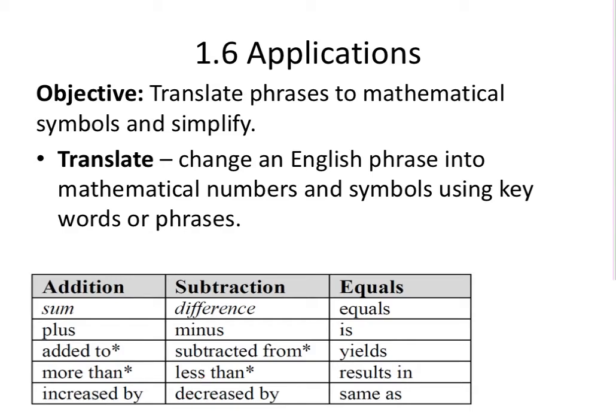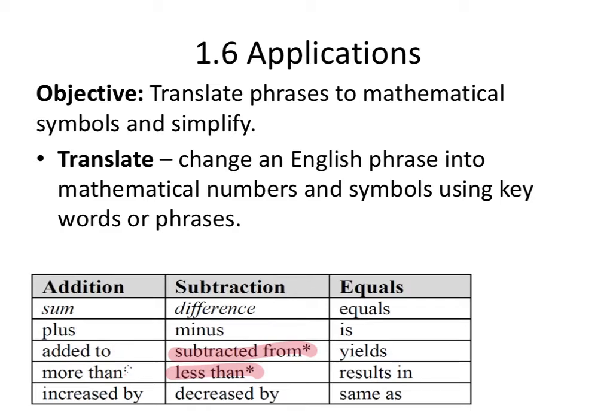Now, two of these that I want to point out are subtracted from and less than, okay? When you see subtracted from or less than, it actually reverses the order, and I think we'll see examples of that on the next slide. Now, it's kind of indicating with these asterisks with the addition that order would matter, but we already know that, at least from 1.5, the properties, is that with addition, actually, order does not matter.